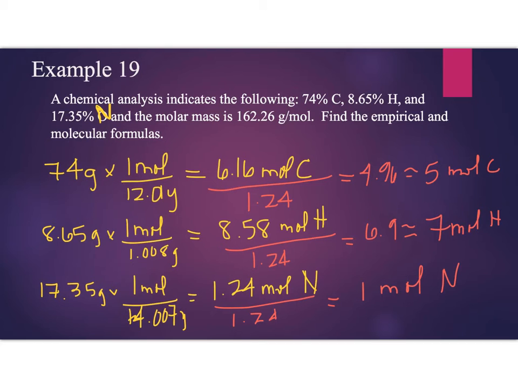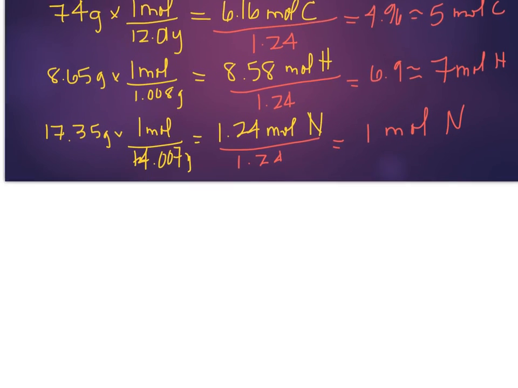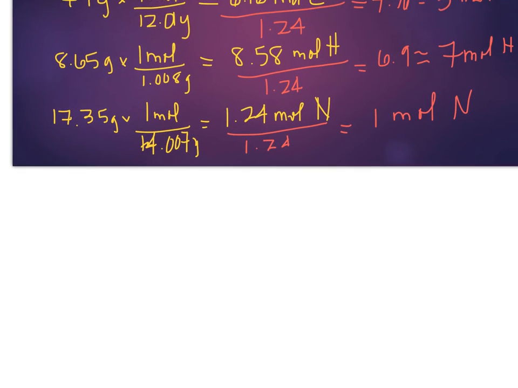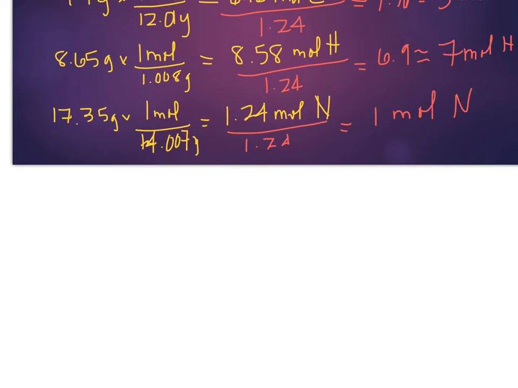So my empirical formula then will become, oops, let me switch over to the pen, C5H7N. And again, this is my empirical formula. We now need to find the molar mass of this empirical formula. So I have 5 times, and carbon is 12.01 grams per mole.